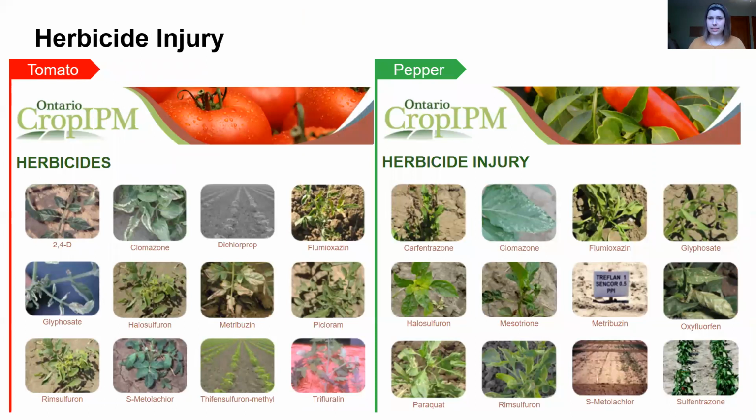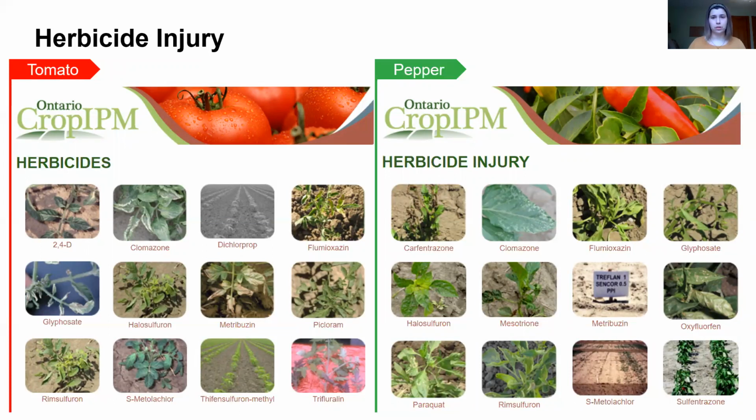So coming to the end of this lecture here, we obviously don't have time to go into depth on the characteristic damage from various herbicides used in or around tomato and pepper crops. But we do have some photos to help diagnose these issues up on our crop IPM website.